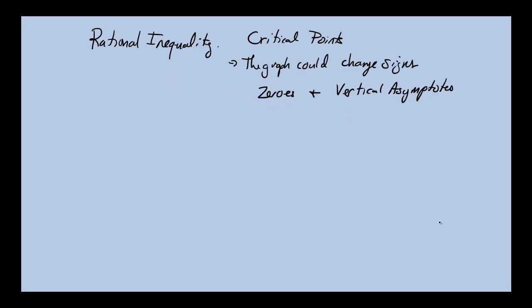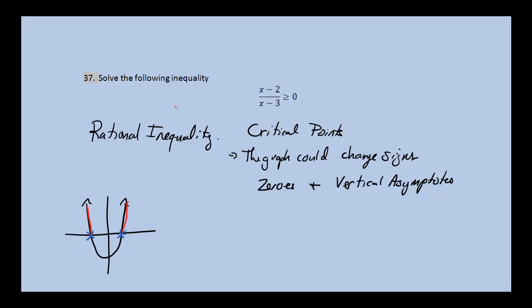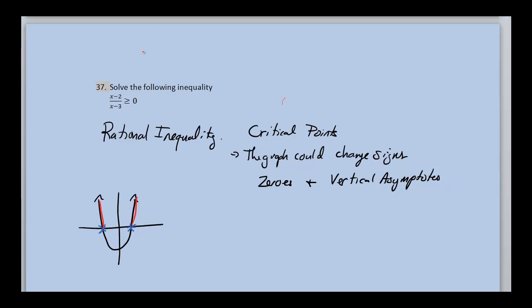If we think about it, if we were to have a graph that would be looking something like this, we realize here that we have two zeros, and above the zero the graph is positive, and above this zero our graph is positive, which would definitely be part of this requirement.